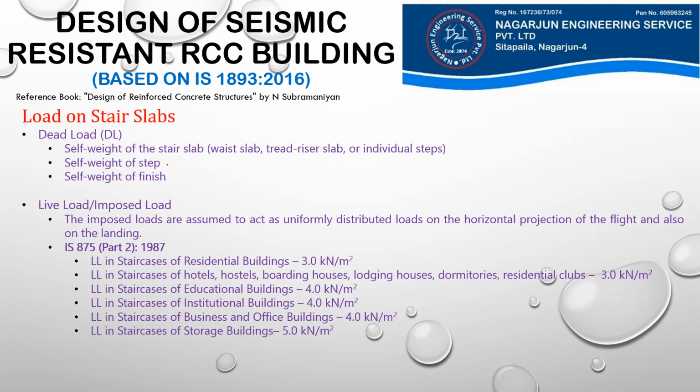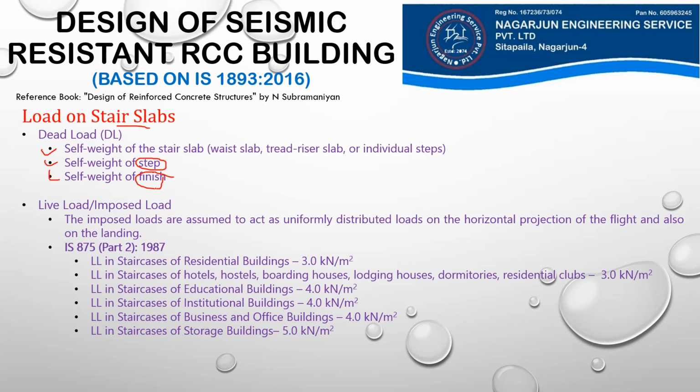And after talking about effective span, let us just talk in short about the load on stair slabs. Different types of loads will be acting in our stair slabs. One will be the dead load. And dead load means there are three types of dead load. One is the self weight of the stair slab. Another is the self weight of the step itself, and another is the self weight of the finish.